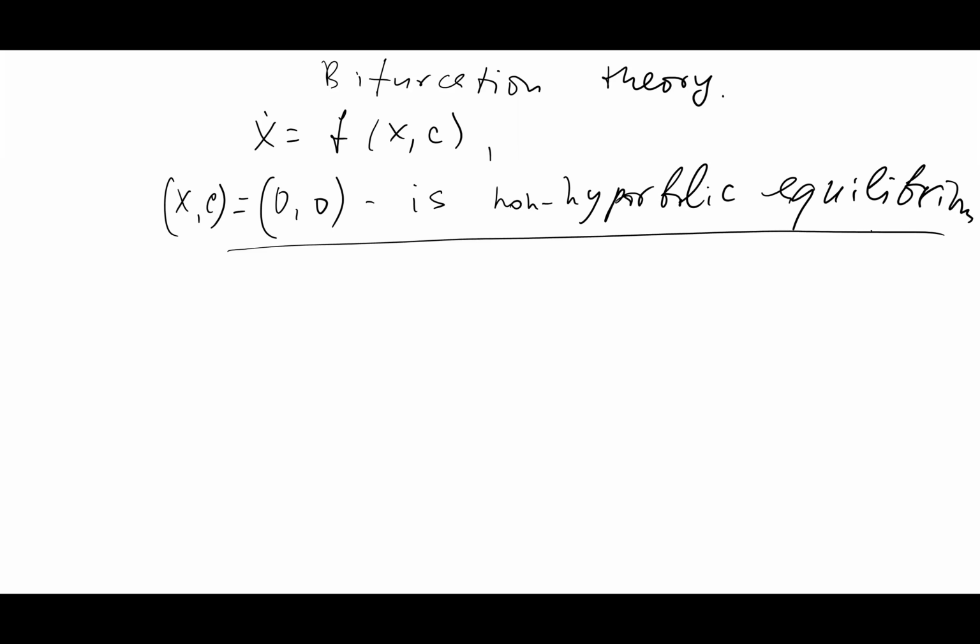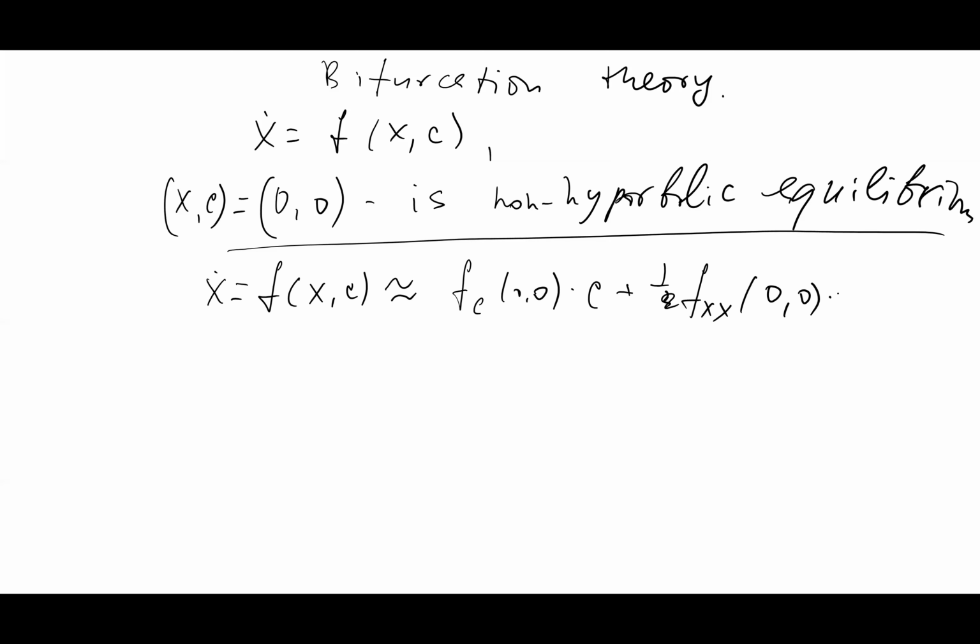And if it's a non-hyperbolic equilibrium, what we checked is the second order approximation. And the second order approximation can be reduced to derivative of f over c at 0, 0 times c plus half of second derivative over x at 0, 0 times x squared.